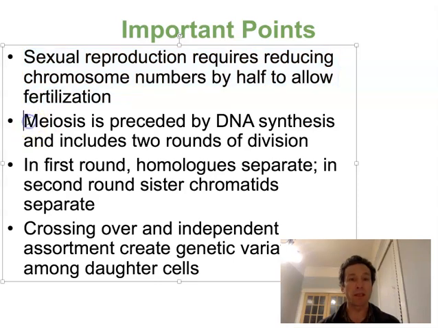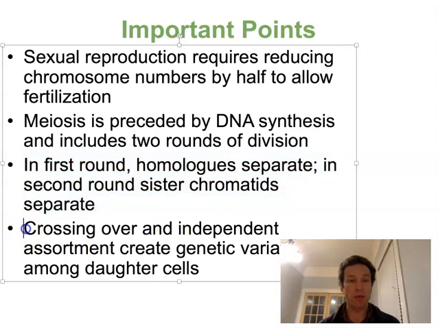Remember that for meiosis, just like mitosis, it is preceded by a round of DNA synthesis. However, unlike mitosis, it has 2 rounds of cell division, not 1. And in meiosis, in the first round, it is all about separation of homologs. In the second round, it is all about separation of sister chromatids.